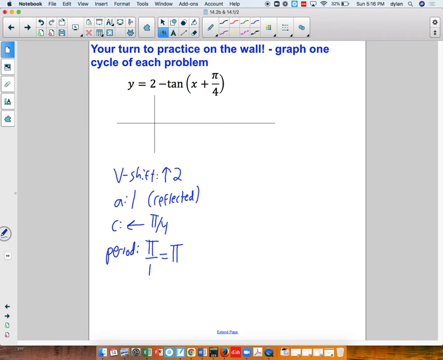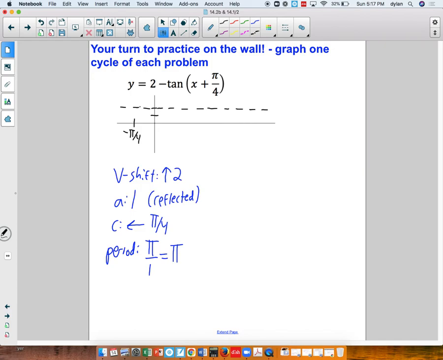So when we go to graph this, the first thing that we're going to do is put in our midline. So in this case, I'll put in my midline at 2. And then the next thing I'm going to do is start to plot my 5 key points. Our first one is going to be at negative pi over 4. And then from there, I guess I should go all the way out first.